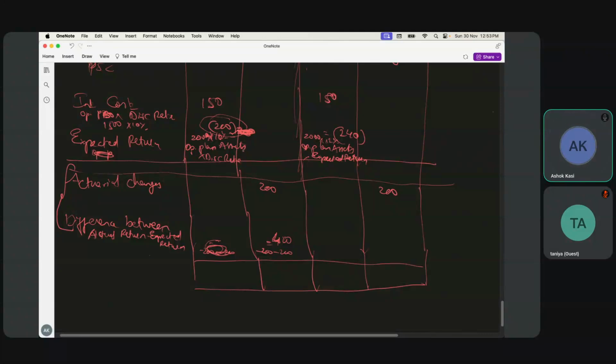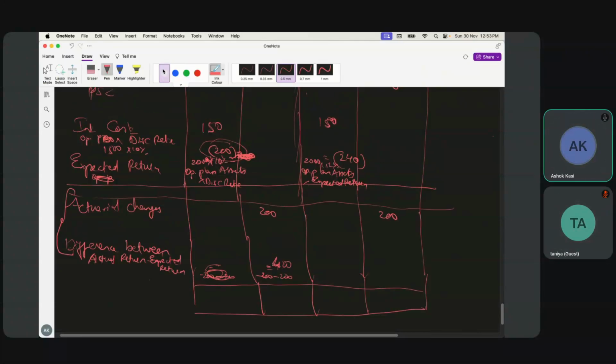Not understood? A little bit of confusion. Okay, let me try here. Because this is a positive number, I'm writing it negatively. Is this clear?